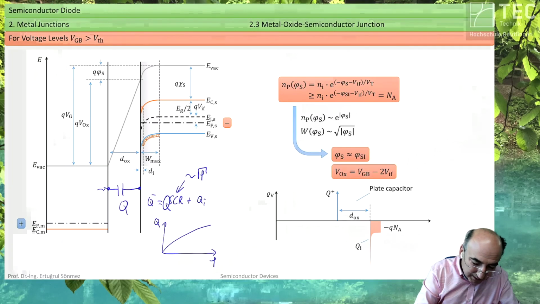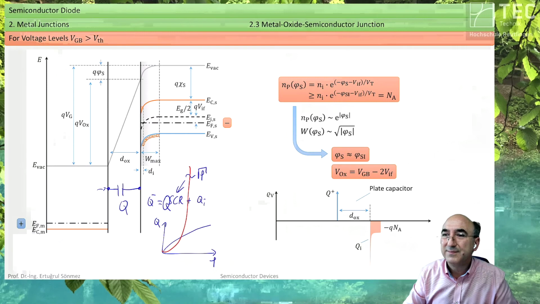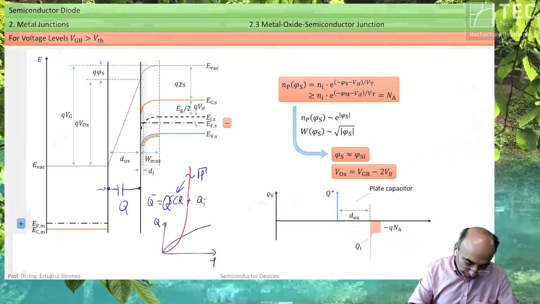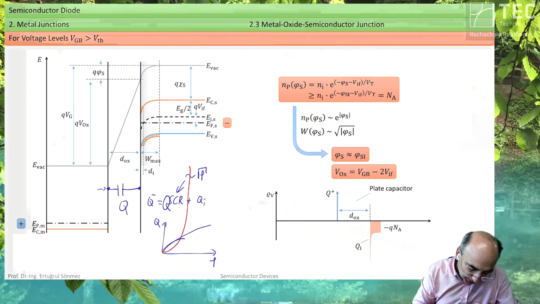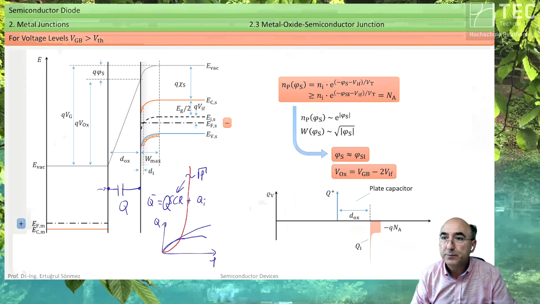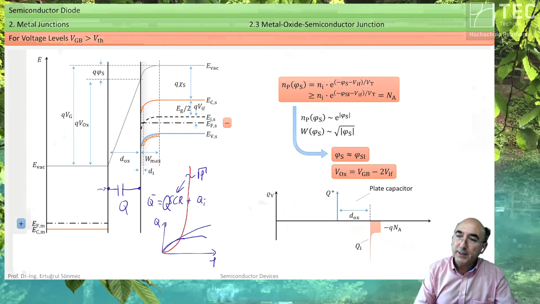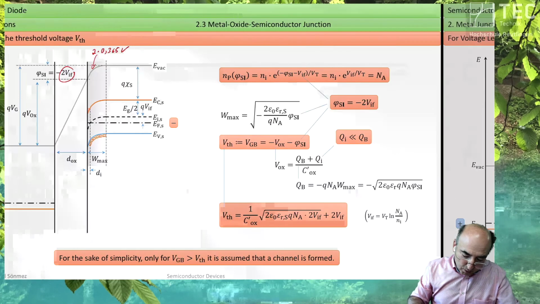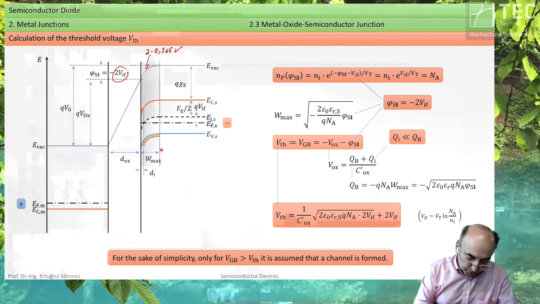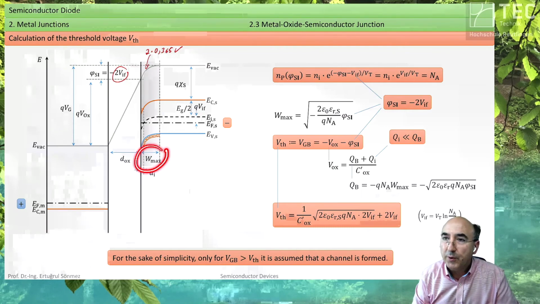That means the space charge doesn't increase so much anymore.